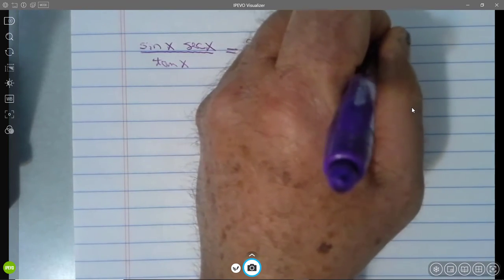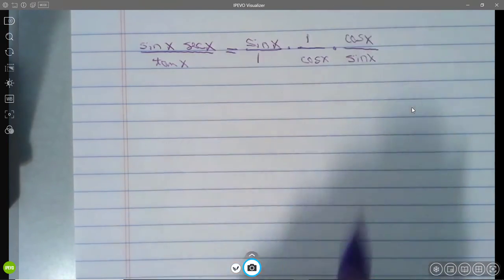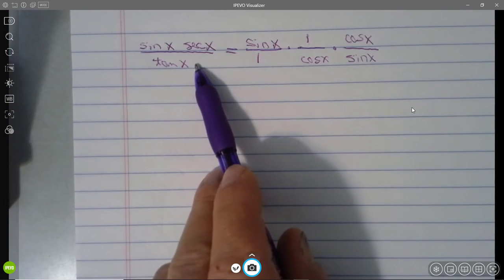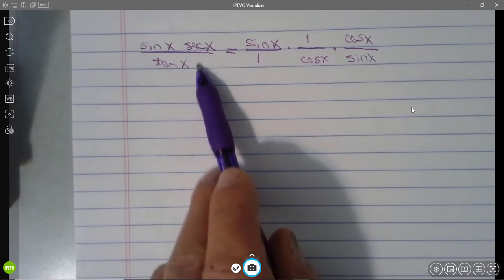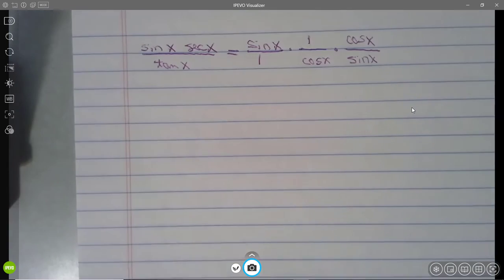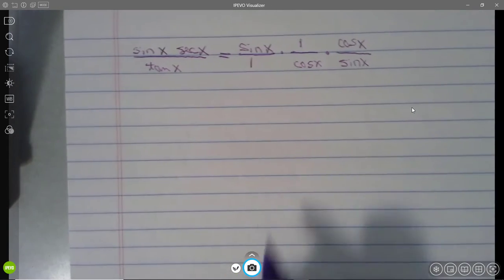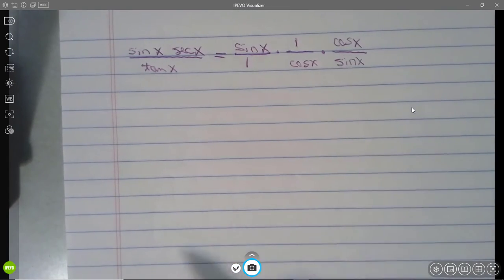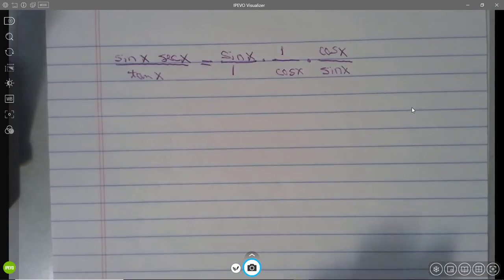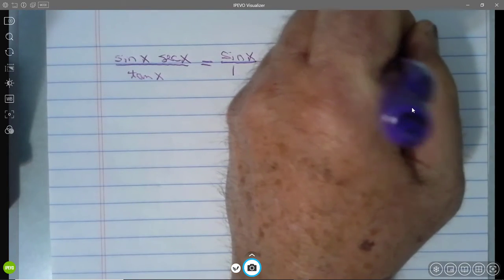But we're dividing by that, so it's the reciprocal of that. Instead of sine up here and cosine down here, it's sine down here and cosine up here. So we're just switching to sine over cosine, and the thing that gives me the right to do this is the ratio identities.